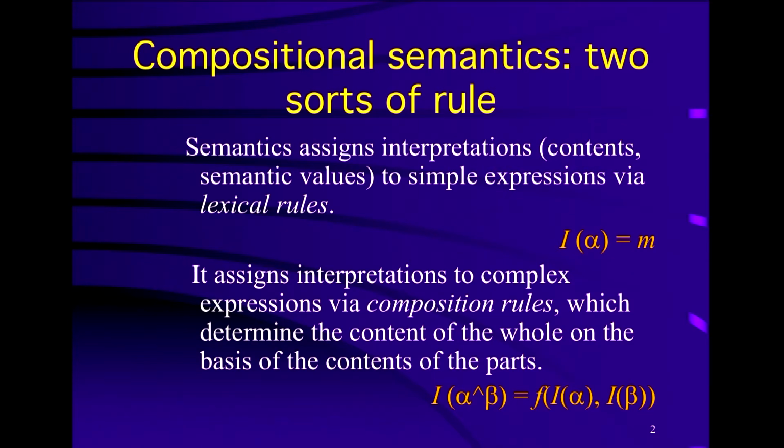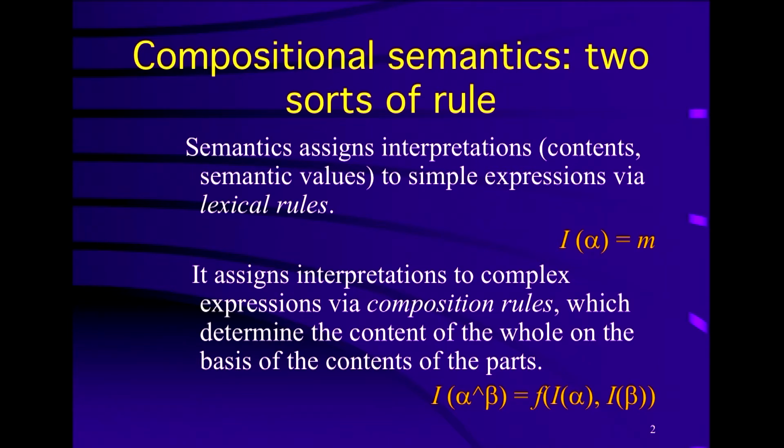In the formula here, you have the interpretation of alpha, which is given directly. And here you have a complex expression made up of two expressions, alpha and beta, in a particular mode of syntactic combination.